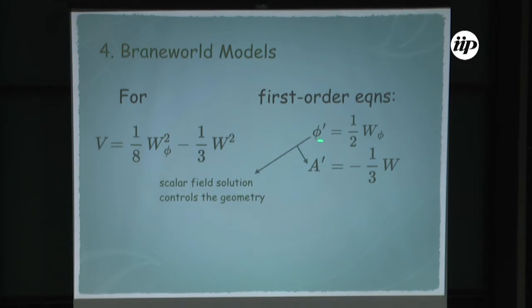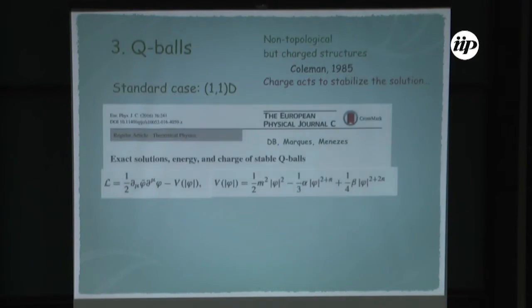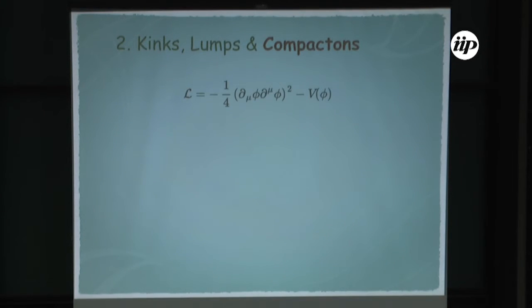This equation here is the equation I had in my kink-like solution. First order, you see, the derivative is proportional to. It's hard for me to turn back, but let me see.